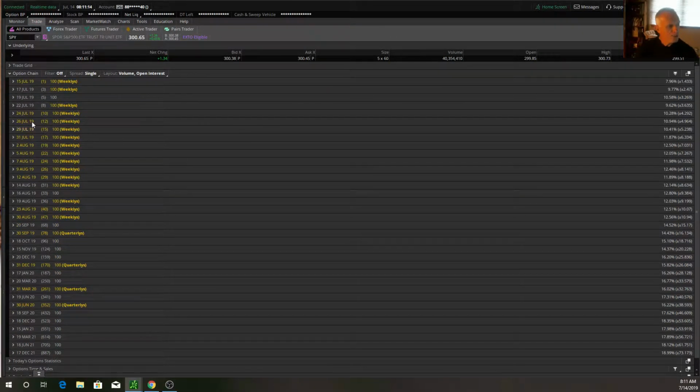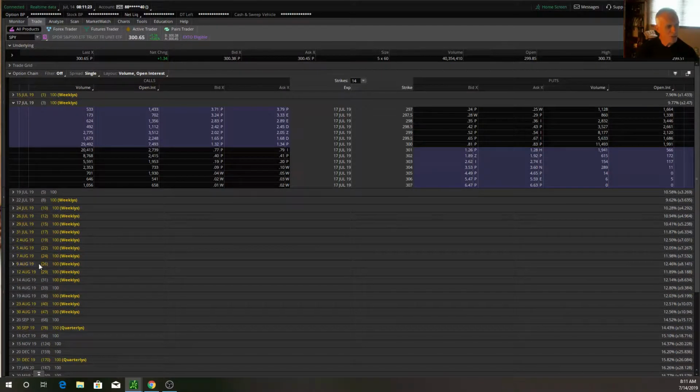Now what I like to do on these is stay 1 to 2 days out. So I'm just going to plot this 3 July expiration. In the intraday model, you're not holding options overnight. This is only good for all of the stocks that have weekly options on them, because I only want to stay 2 to 3 days out at any one point in time.